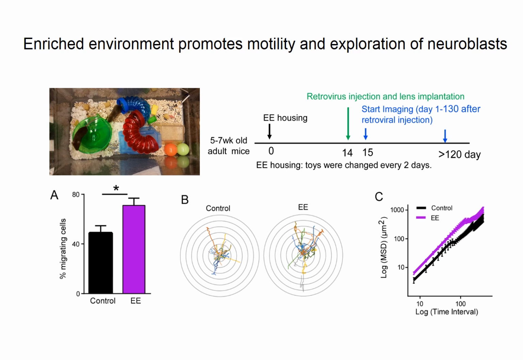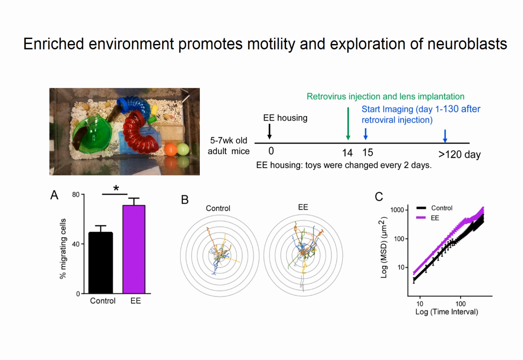So we quantify them through the MSD, the mean square displacement, and this is the quantification that can capture the exploring area. And this increased exploration could be due to increased migration velocity, or directional persistence.